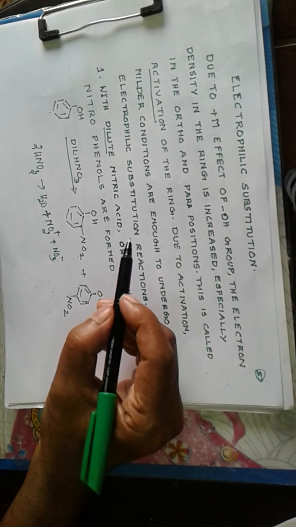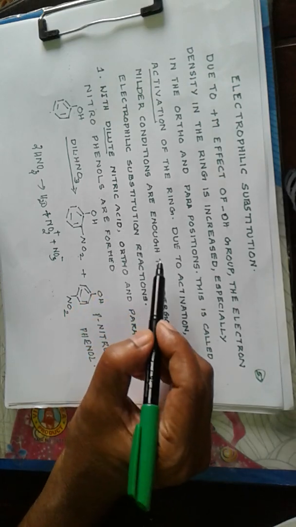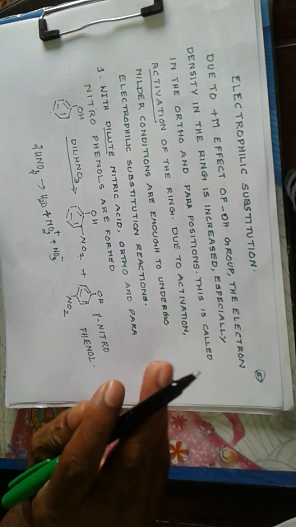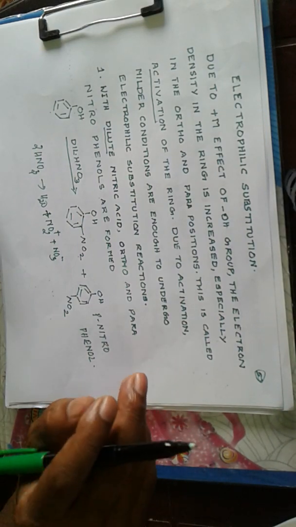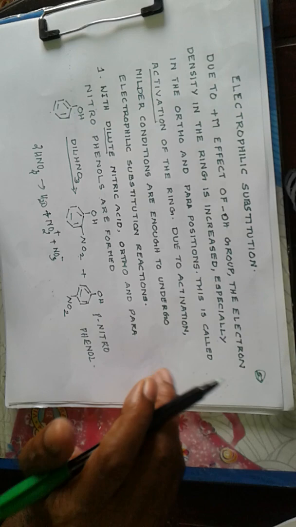So electrophilic reaction occurs at the ortho and para positions, and since there is activation of the ring, milder conditions are only needed for phenol to undergo electrophilic substitution reaction.